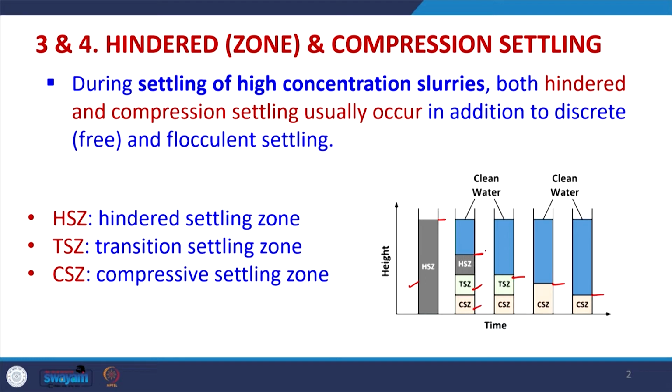We always measure this height with respect to time. Our primary interest is the interface between the clear water zone and the settling zone, which may be a hindered zone, transition zone or compressive settling zone, or any combination of them.